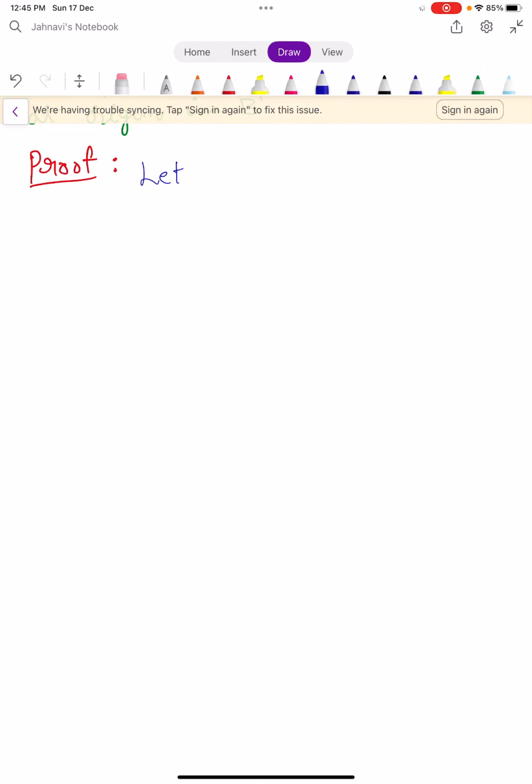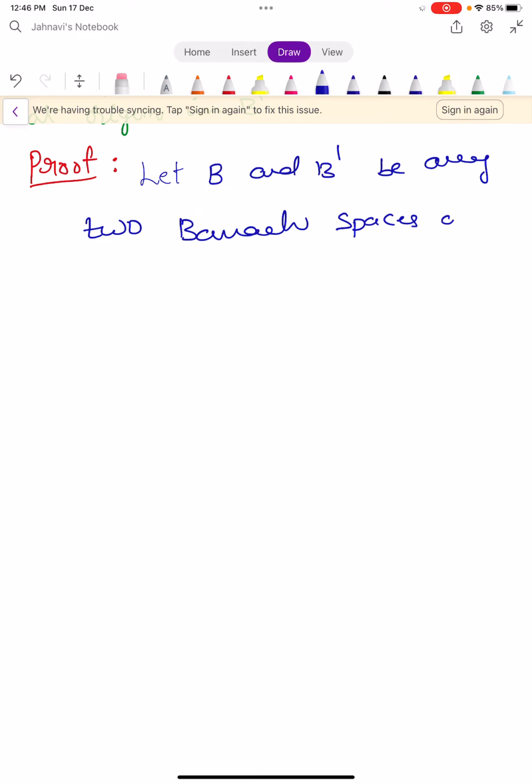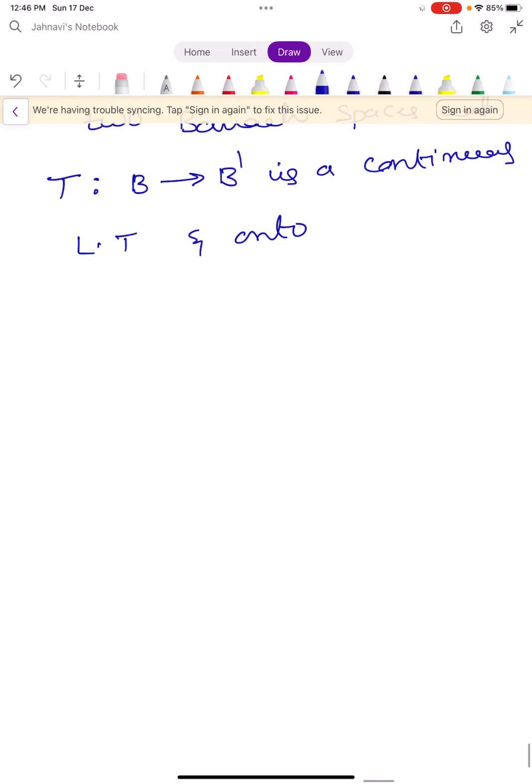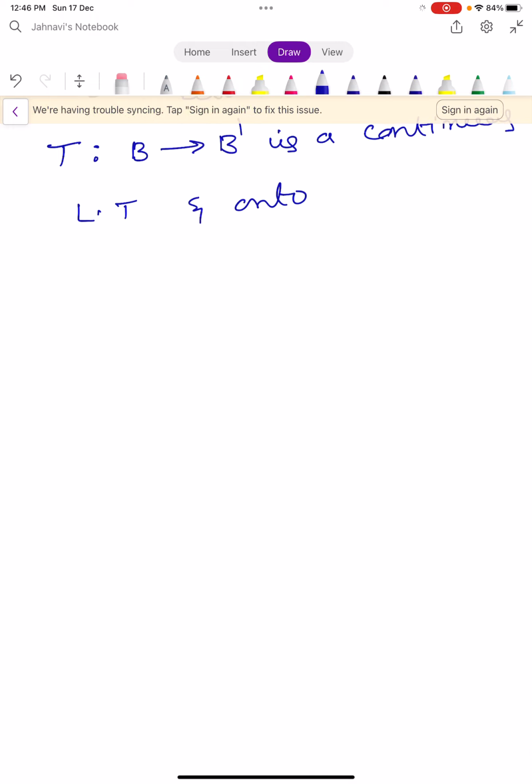Let capital B and B dash be any two Banach spaces, and capital T maps B into B dash is a continuous linear transformation and is itself onto also. Now let us define two open spheres.